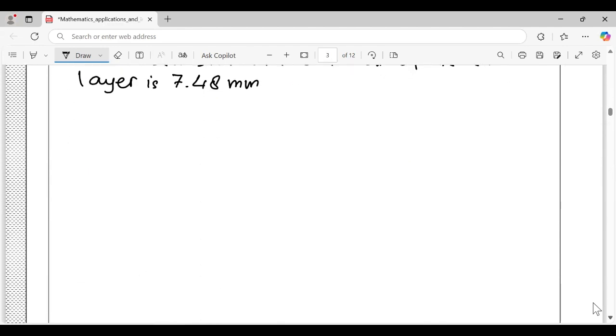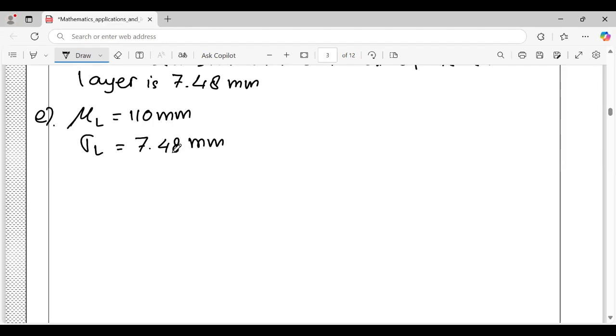We have the information: mu L is 110 millimeters, and sigma L, the standard deviation for L, is 7.48 millimeters.